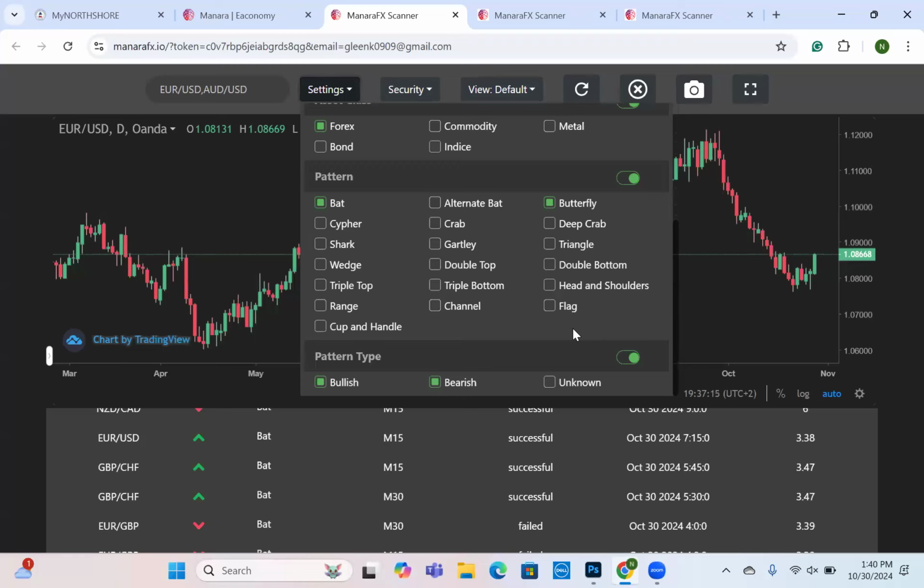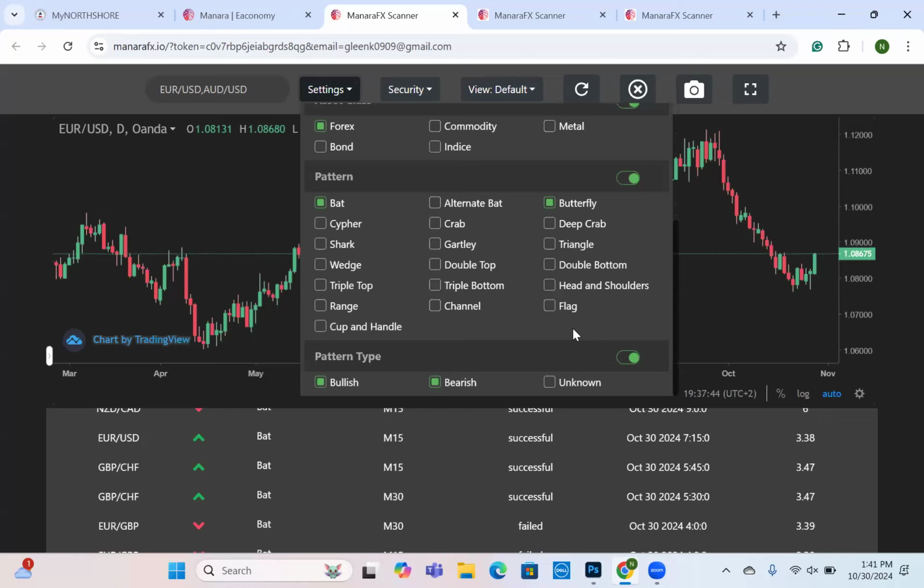That was why, as people were asking, which one is working best, some said, oh, this my head and shoulder, I don't think I'm really enjoying it again. Some people will tell you, try bat, bat gave me 70% this month. Try crab, crab gave me 80% last month. Everybody started trying different things and discovered that bat and butterfly are actually doing a great job.